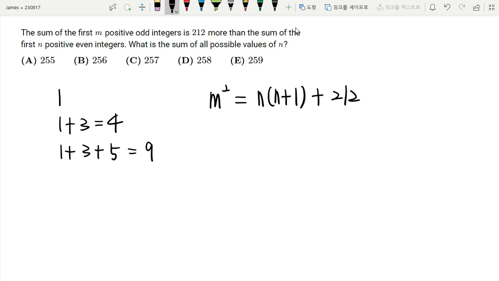And to solve this equation, we can multiply 4 to both sides. The reason why we are multiplying 4 is that we want to make a perfect square.